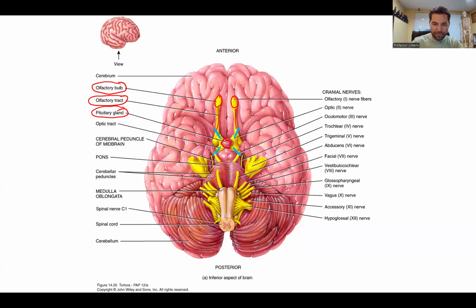So number one, the thing coming off the front, it will obviously go to your eyeballs. This is called the optic nerve, right? We had within the olfactory bulbs and tract, we had an olfactory nerve. You will see as you look through that these are all numbered.